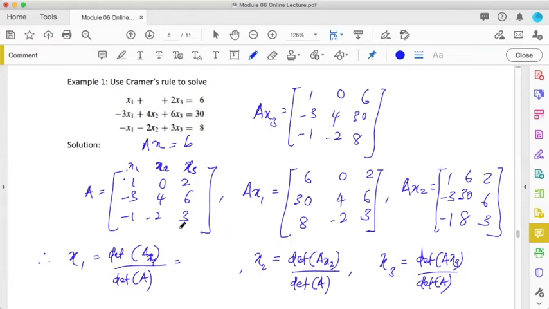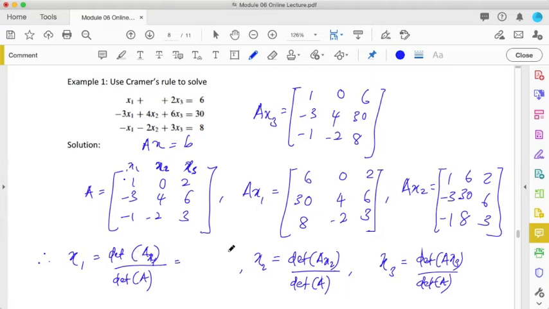Again, you can use what I explained just now: cofactor expansions or row reductions. Once you find them, you can put the values in here.